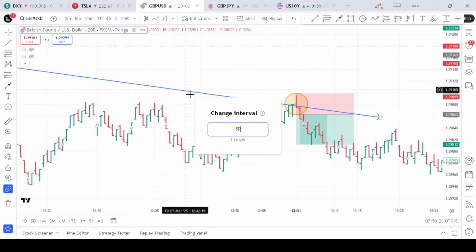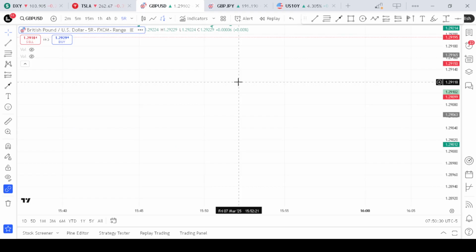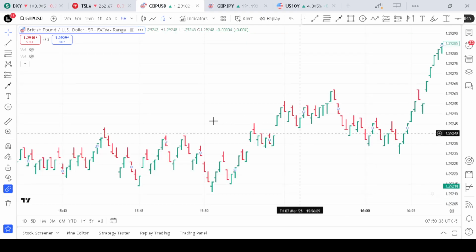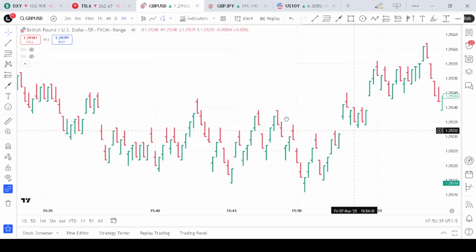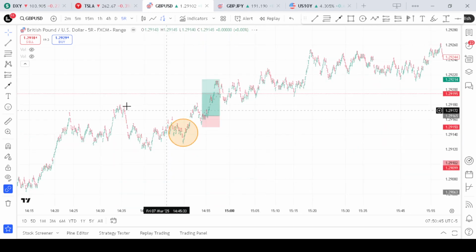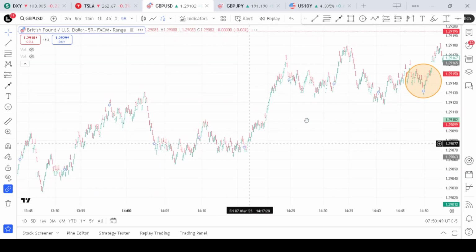When we move into our shorter range bar, we use this to get a precise entry point within the larger trend, and we have to only take trades that align with the trend direction.